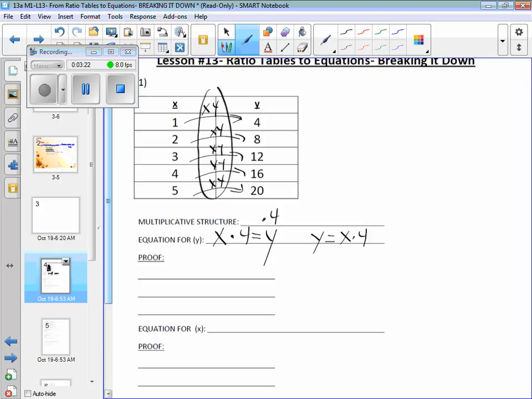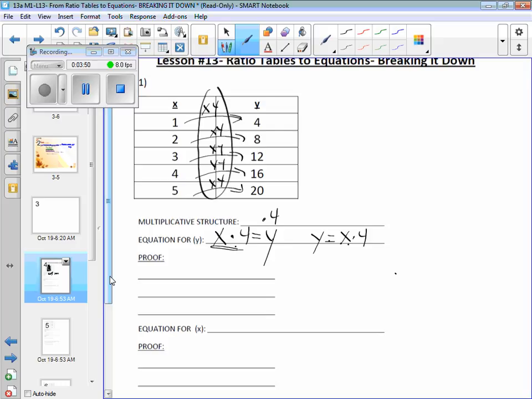We got the left side of the tracks here, the right side of the tracks. I could take the expression, this x times 4 here, which was on the left, and flip-flop it with the y on the right. And I would be fine. It doesn't matter what comes first. It's still y equals x times 4, or look, y on this side equals x times 4. It's still the same equation.